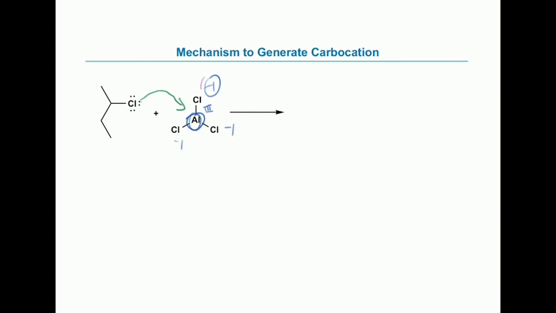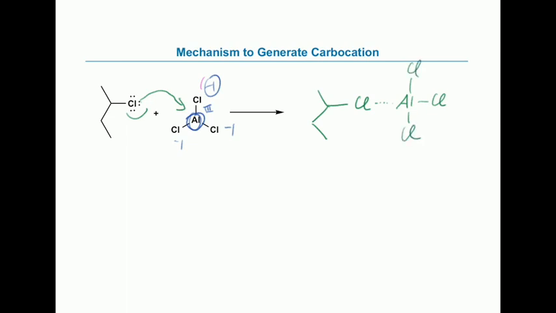So it'll coordinate in the same way that DIBAL's first move was to coordinate onto the carbonyl, making a negatively charged species, positive on the carbonyl. So you're polarizing that bond. Here, because we have a sigma structure, the complex we form is still kind of this chlorine, and I'm going to put a dotted bond to aluminum, Cl, Cl, Cl.